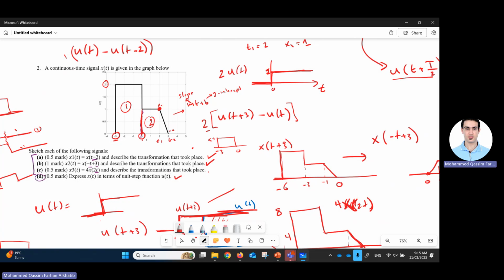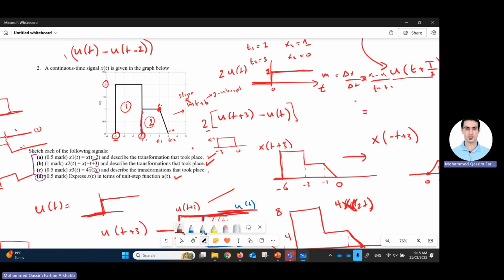So I'm taking this point: in time it's 2, and in axis it's 1. What about t2? It is 3. x2 is 0. So how to find the slope? m equals delta x over delta t, or x2 minus x1 over t2 minus t1.